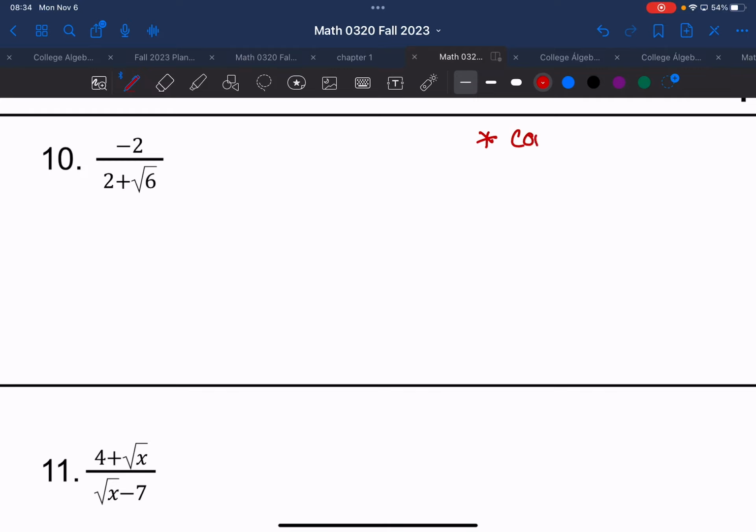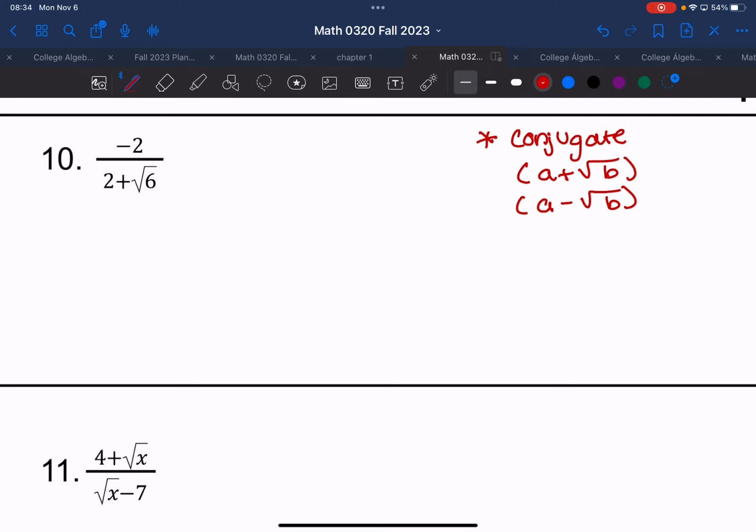The conjugate is, if we have, for example, the term a plus the square root of b, the conjugate would just be the opposite sign. So it would be a minus the square root of b.